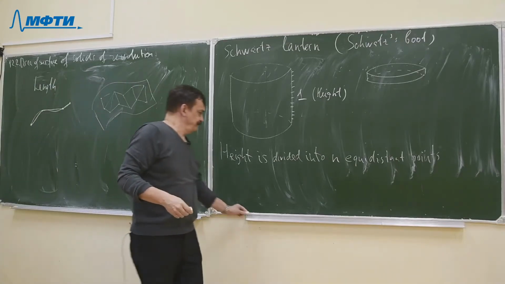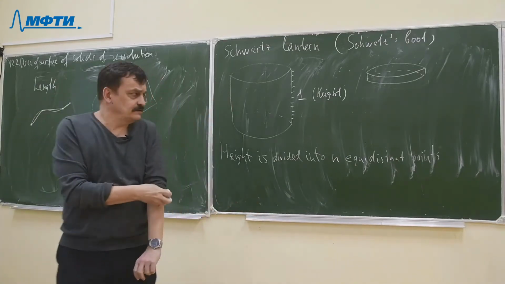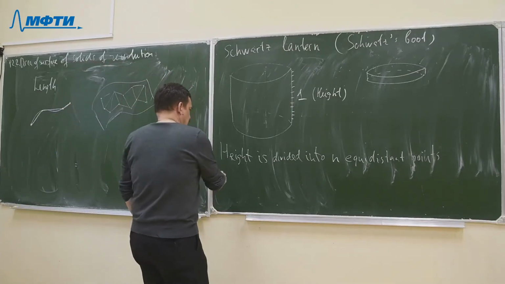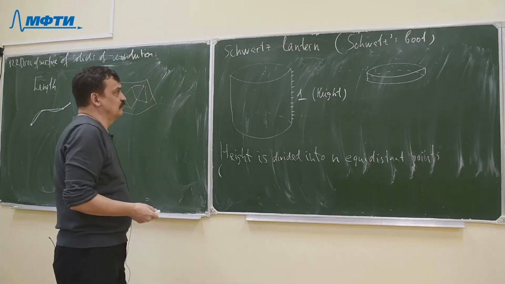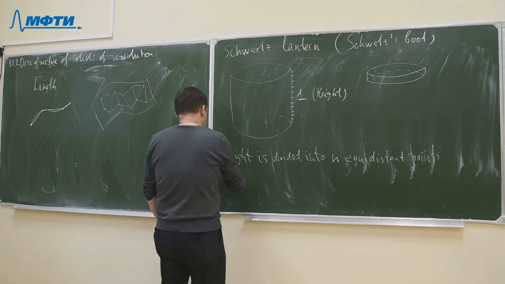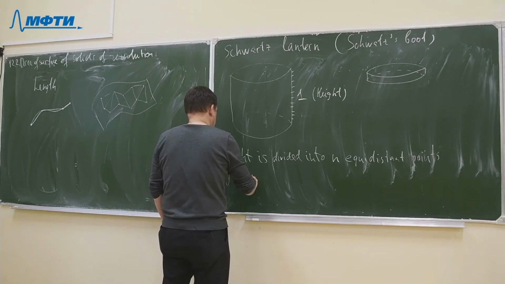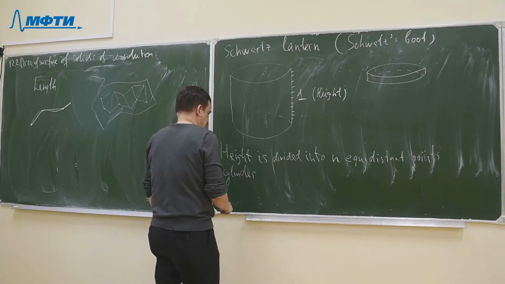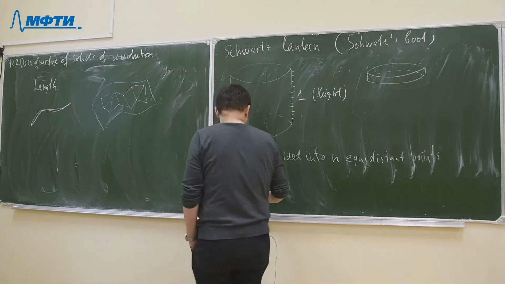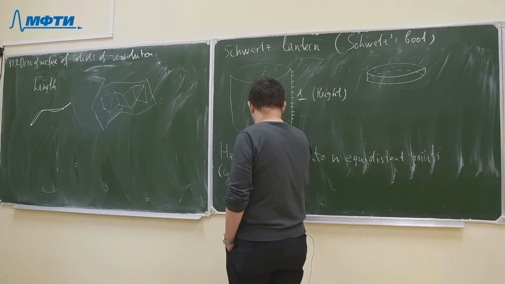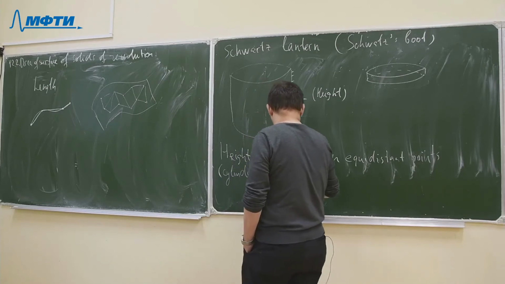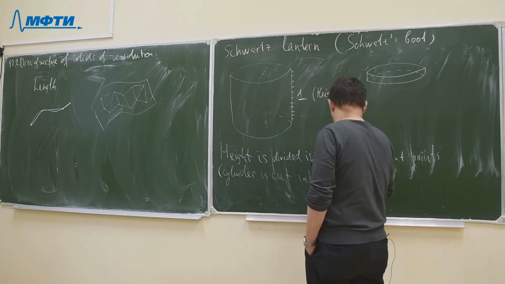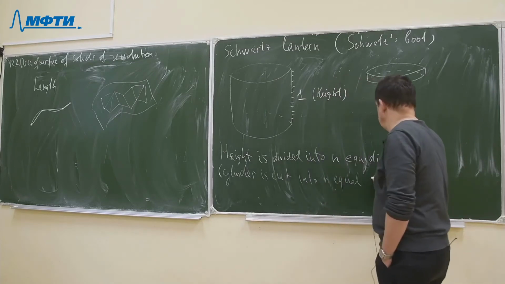Okay, so we continue. So what we did: the cylinder is cut into n equal slices.